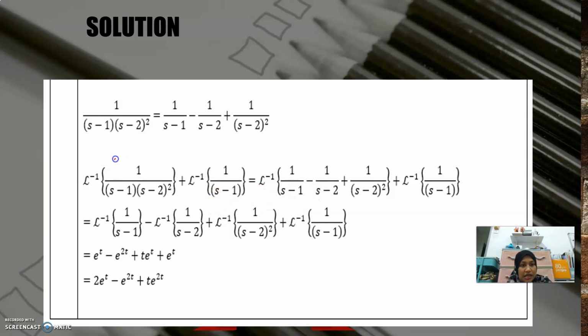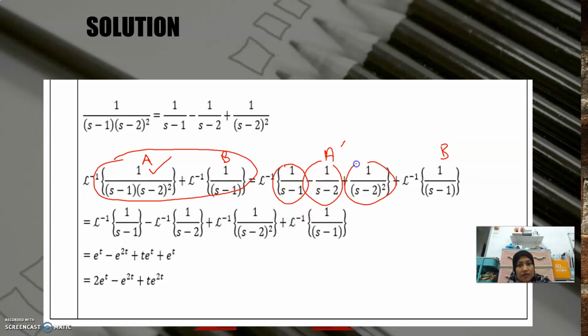The original equation is here, but for this one we have solved by using partial fraction, and for this partial fraction we have already got it like this. This is A, this is B. So now we need to inverse Laplace transform each of this, and this.